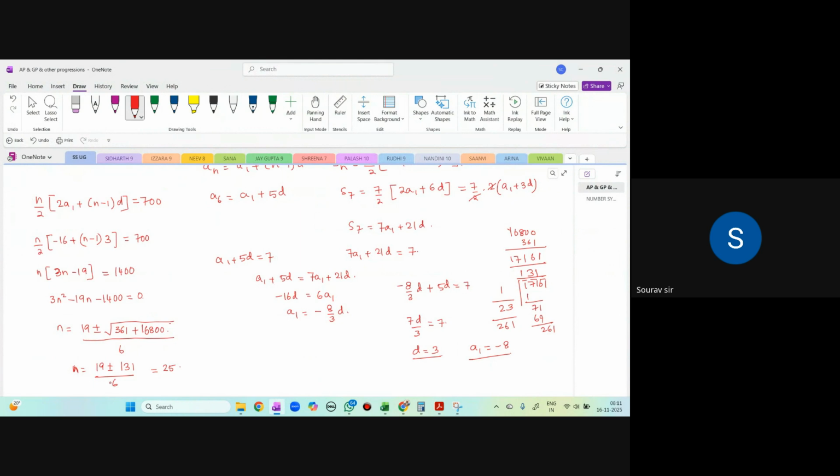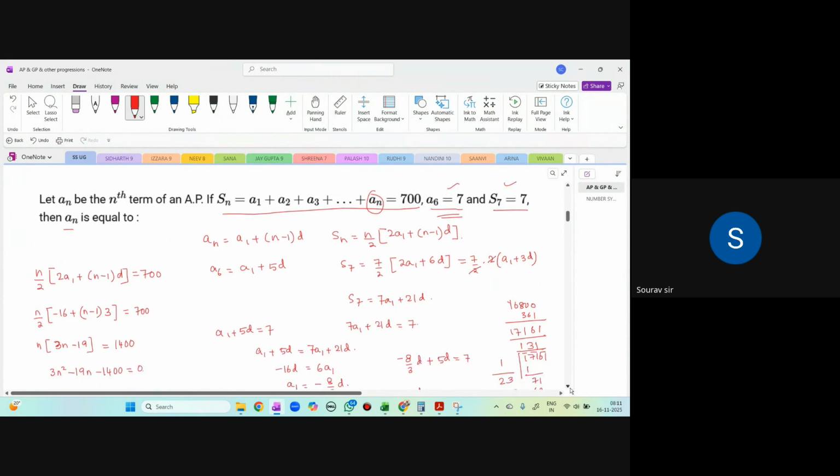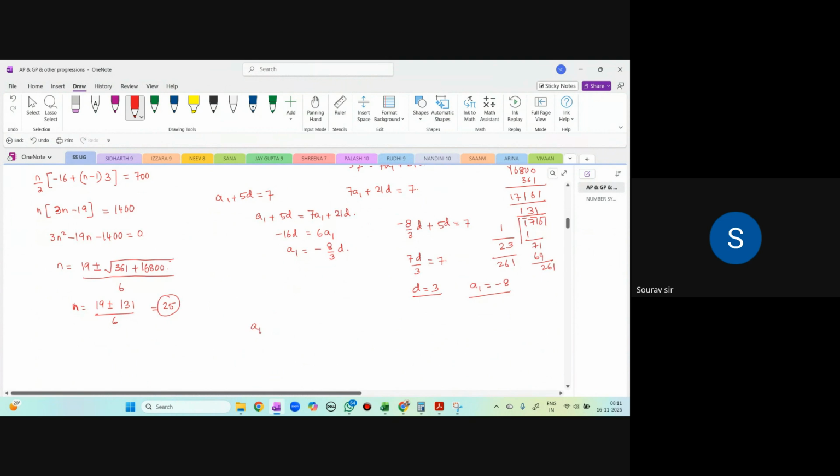N cannot be negative. So no need to take that negative value. So N is 25. So therefore, AN would be 825, which is A1 plus 24D, which is minus 8 plus 24 into 2, which is 72 minus 8, 64.